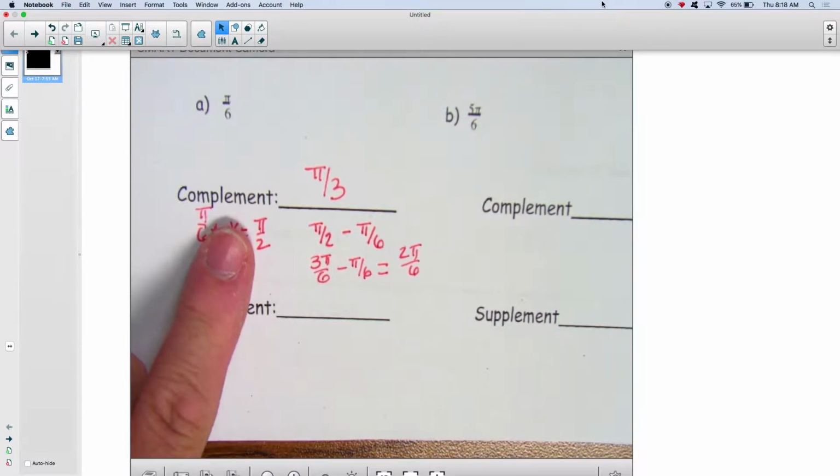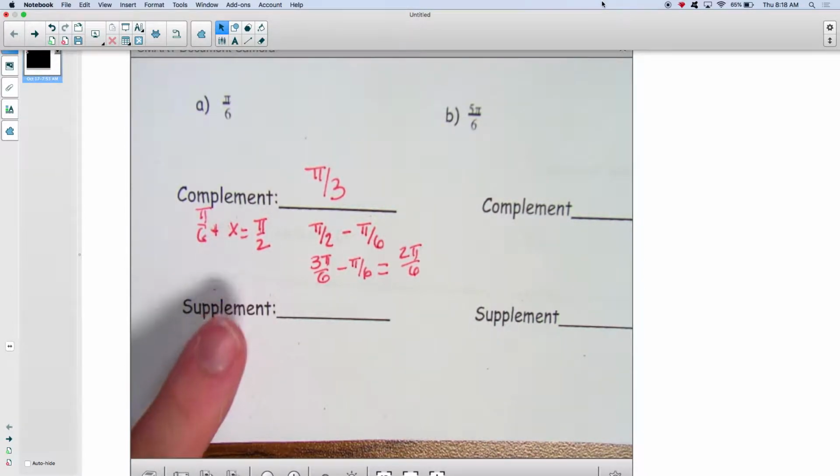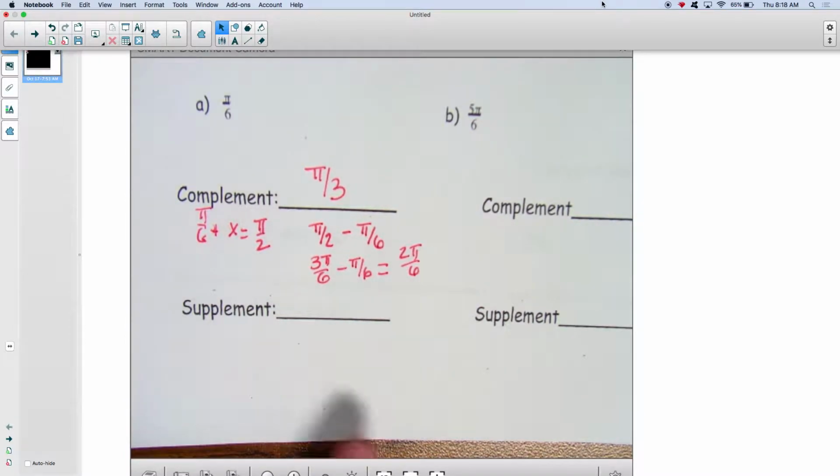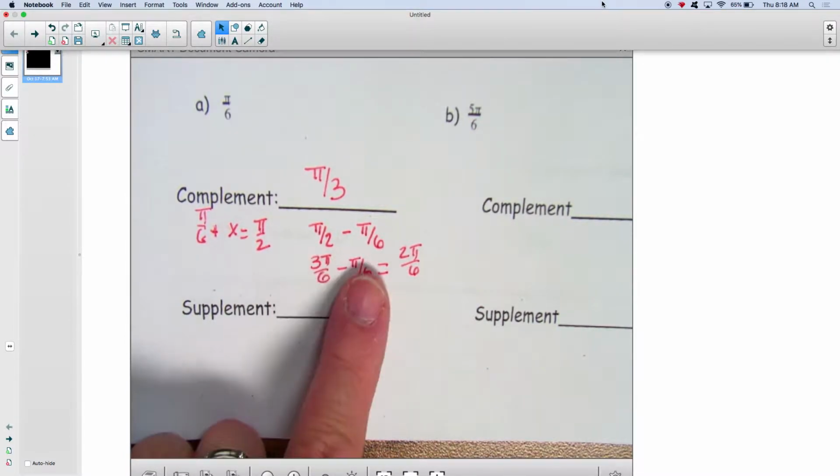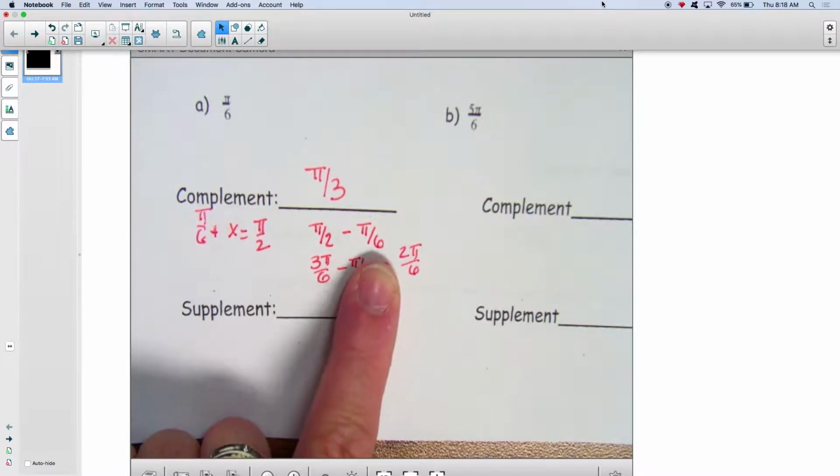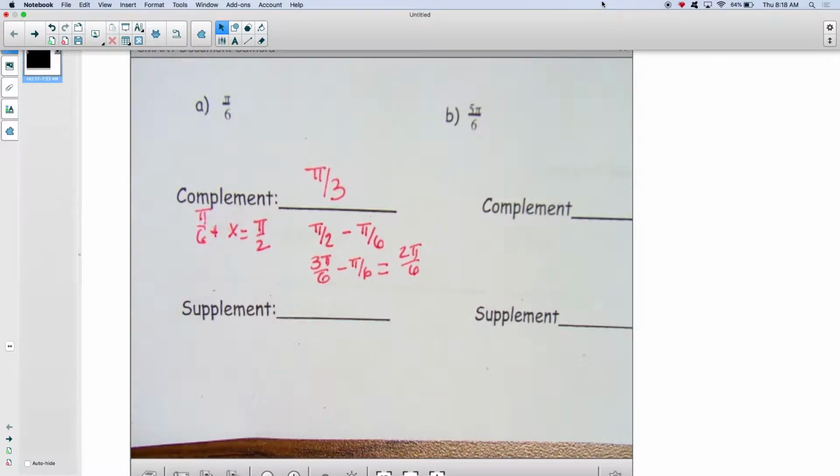If they're complementary, they have to add to 90, or pi over 2 in this case. So I took pi over 2 and subtracted pi over 6 from it. Common denominator. If I'm going to find the supplement of it, what do I subtract it from?